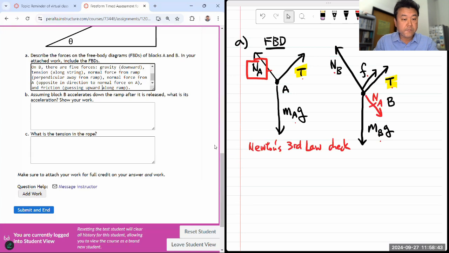And so one way you will check this guess later is if your friction force turns out to be negative, that means it must have been downward instead of upward.